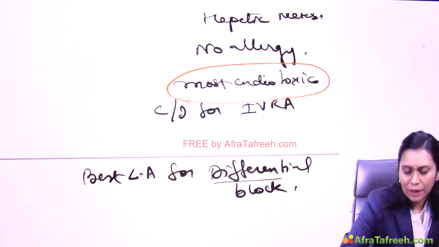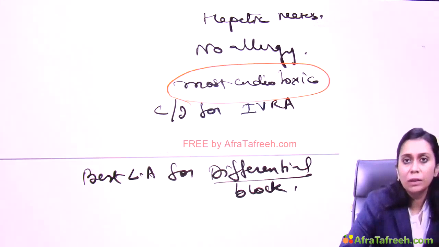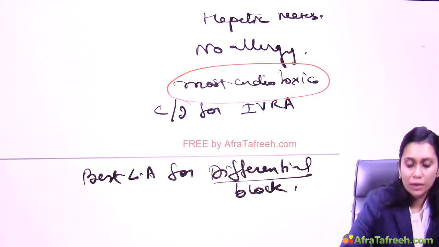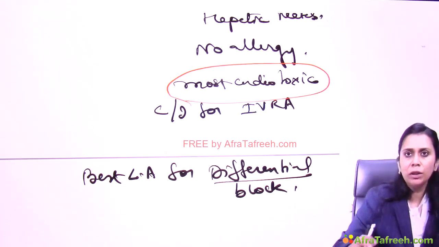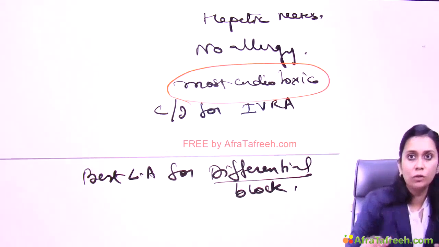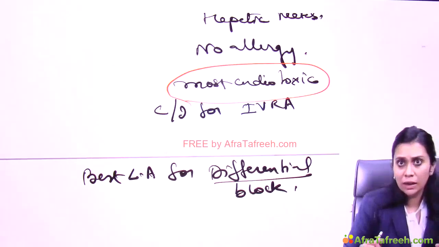It demarcates between different nerve fibers very precisely, which no other drug does with such precision. At different concentrations, it demarcates between sensory and motor fibers. So that's why it's very commonly used.